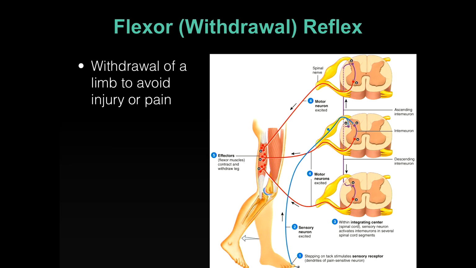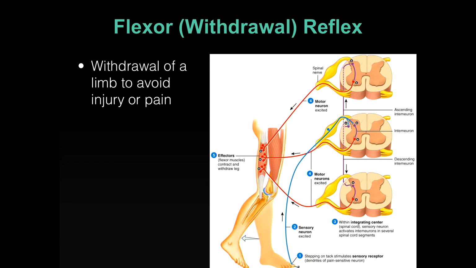So we want to avoid injury. It's integrated in the spinal cord, but what's different about this reflex is that it's not only at one level, it connects to multiple motor outputs in multiple segments of the spinal cord. What would be the purpose of that?